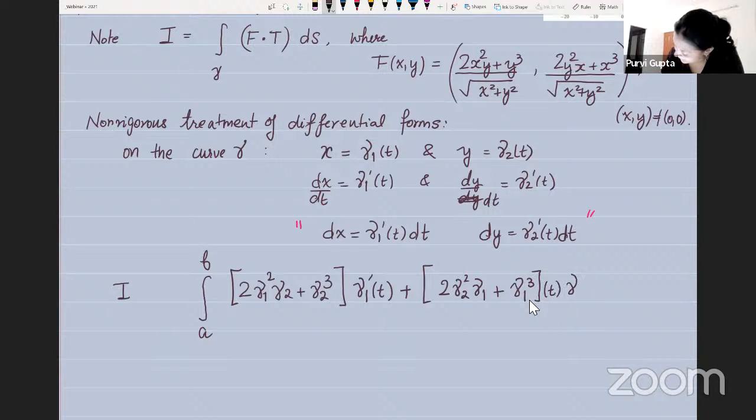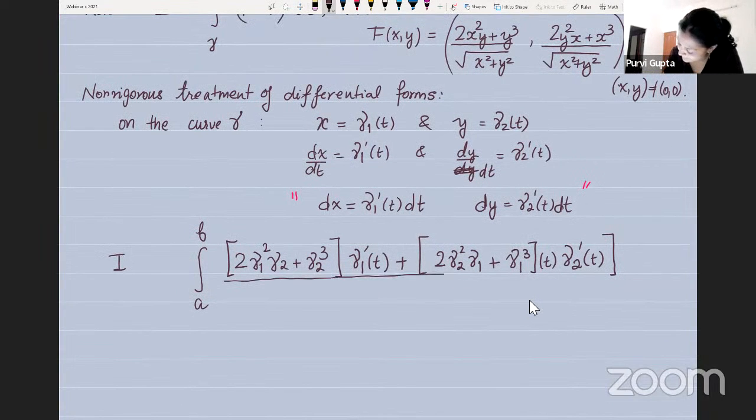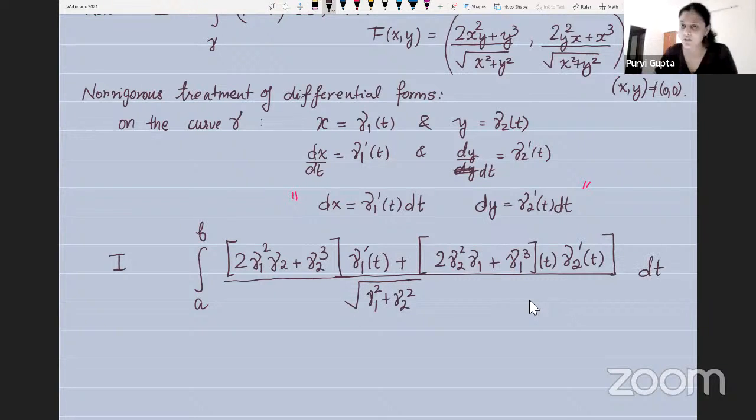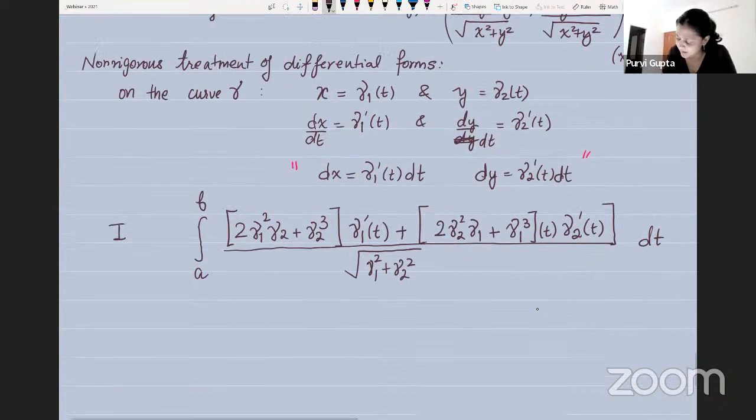All of this divided by the square root of gamma 1 squared plus gamma 2 squared, and all of this dt. So this just becomes a familiar integral on an interval, right? So now there is nothing weird happening over here. We know how to do these kinds of things.